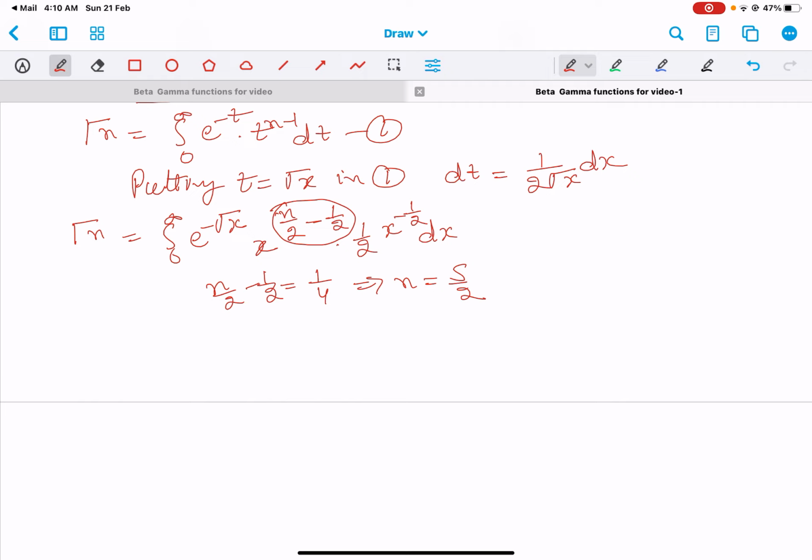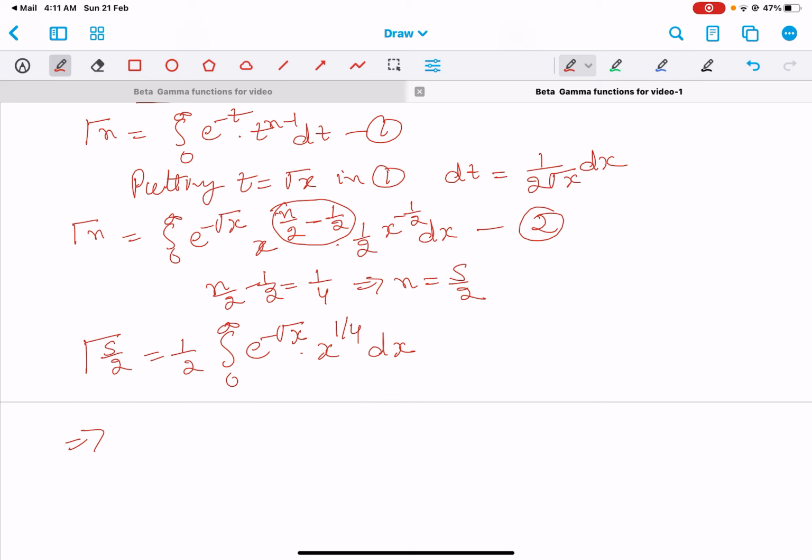So using n equal to 5 by 2 here, I get gamma 5 by 2 equal to 1 by 2 integral 0 to infinity e to the power minus root x, x to the power 1 by 4 dx.